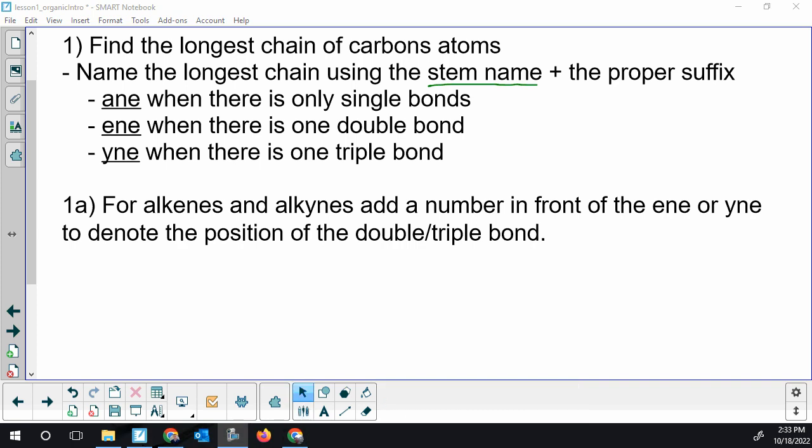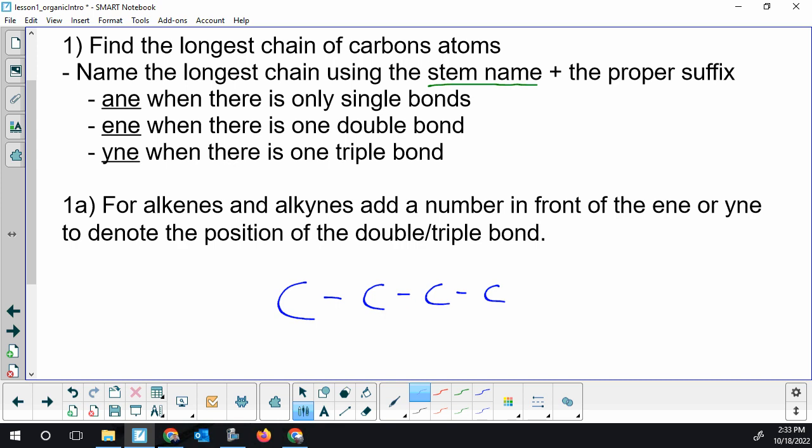I'm going to do a 4-carbon long example with a double bond. 1, 2, 3, 4. And I'm going to put the double bond at the very beginning. Then I have to draw in all my H's, making sure I don't put 5 bonds around a carbon.